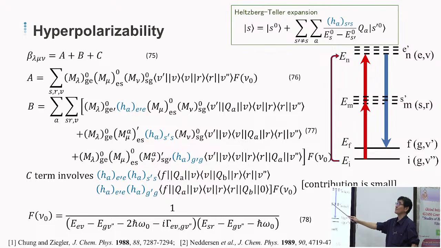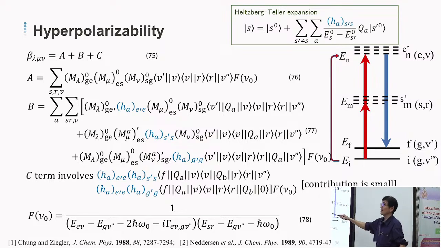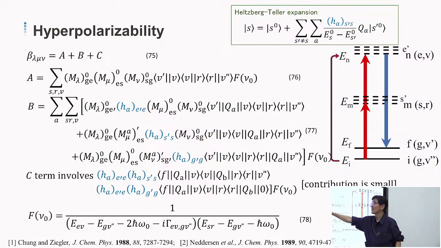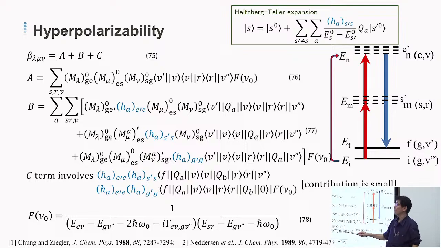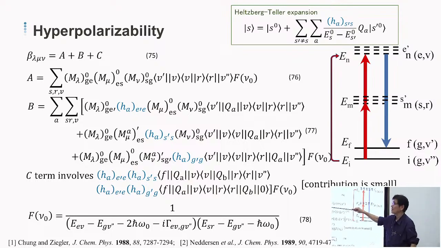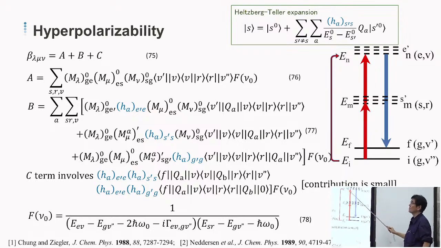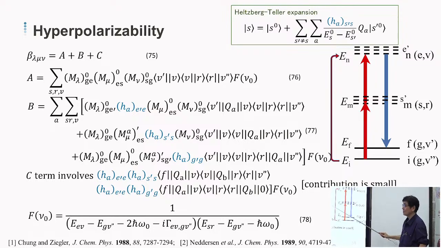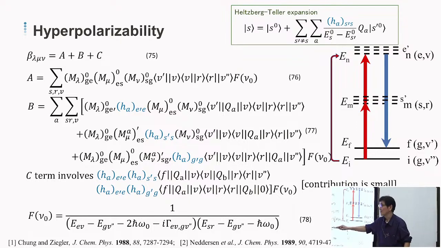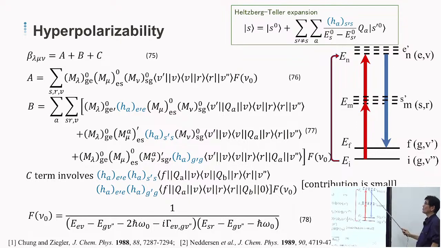This is the last page. By substituting the electronic wave function following the Herzberg-Teller expansion, we can again separate the Hyper-Raman tensor into A, B, C. And A is the main part. B is the part that contains one coefficient or additional term.